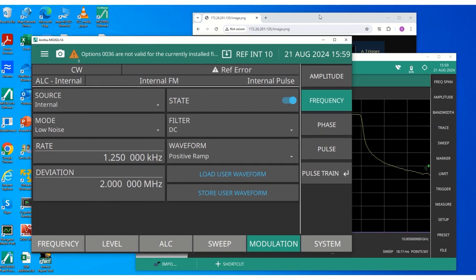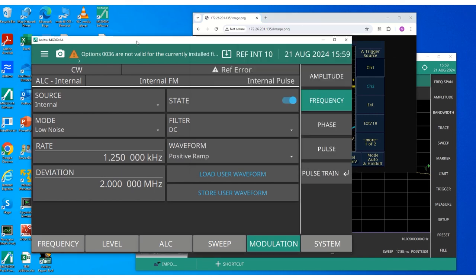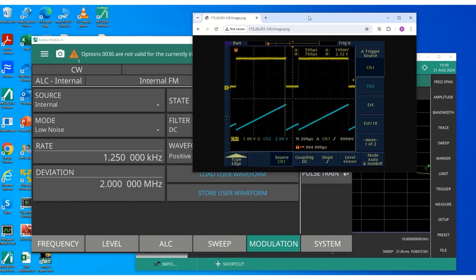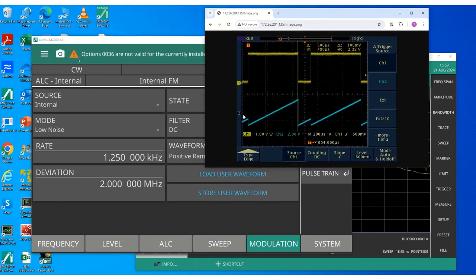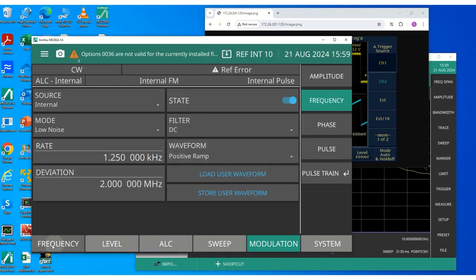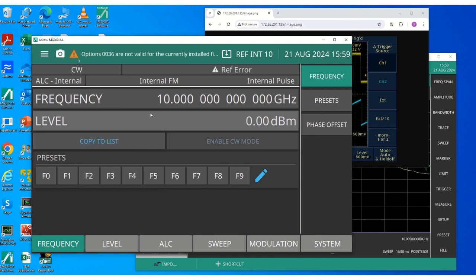In order to show that in the time domain, because our oscilloscope's max frequency is rather limited, it's not 10 gigahertz, it's 500 megahertz, and because we want to see the chirp in the time domain, I have to go back to the frequency here and adjust the output frequency of the Rubidium to a much lower value. And we are going to do that in the next section.